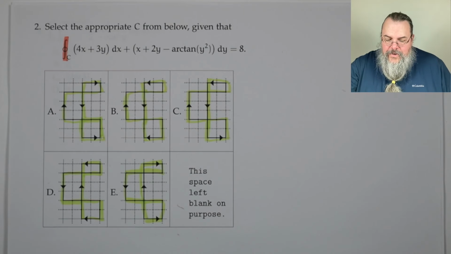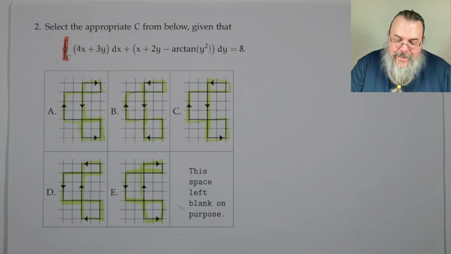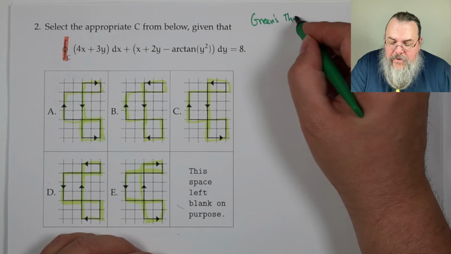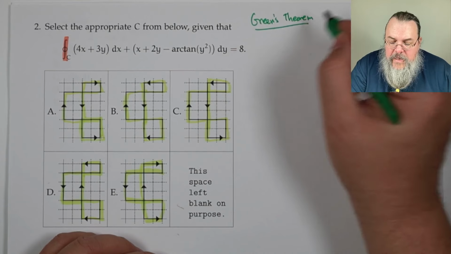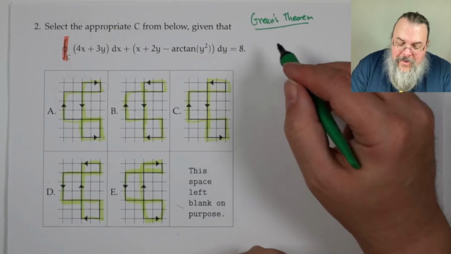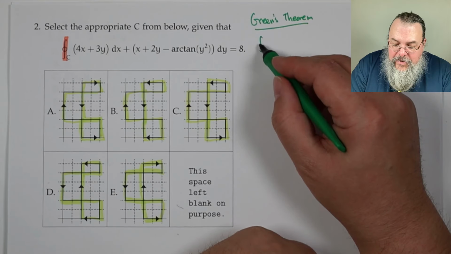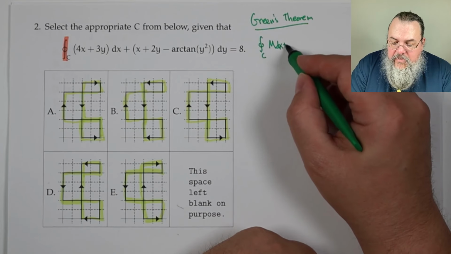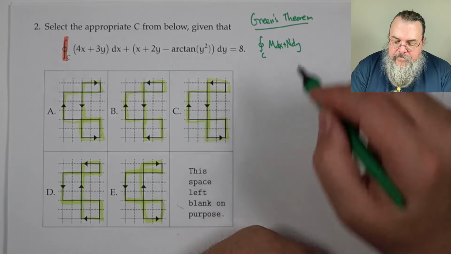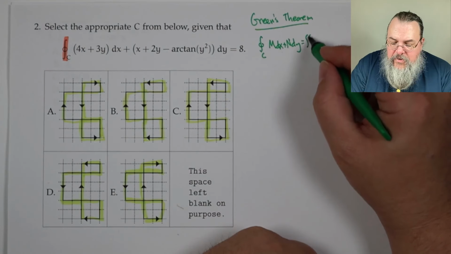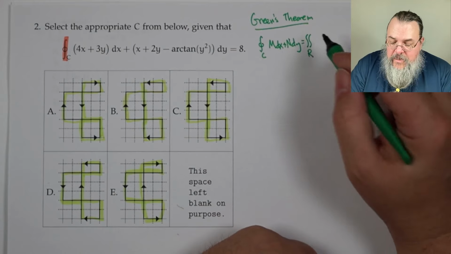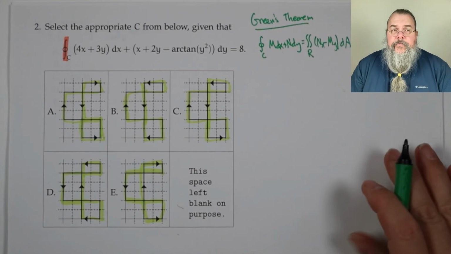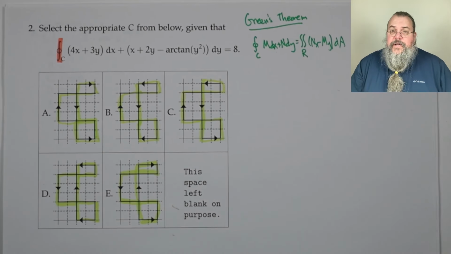All right, so we say, aha, Green's theorem. Now, what does that say? Well, it says if you have a closed curve, then you have the following. The integral around that closed curve C of m dx plus n dy is equal to the integral over the region of n sub x minus m sub y dA, where the region is the part enclosed by the curve.